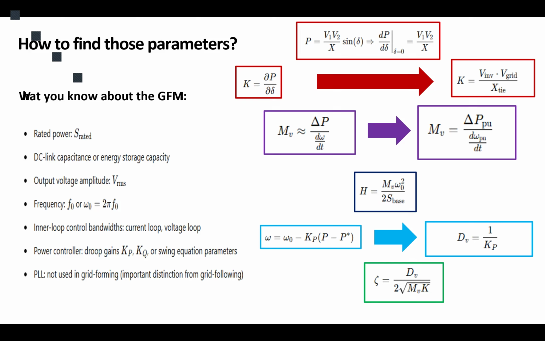Now look at it from the inertial perspective. You have an input, you have a fluctuation, and you have a speed to answer that fluctuation. Relate that to the definition of inertia: the resistance of the system to any changes, the ability of resisting against changes. If you think about that, you could understand why we could define MV as equal to the delta P over the speed of our frequency change.